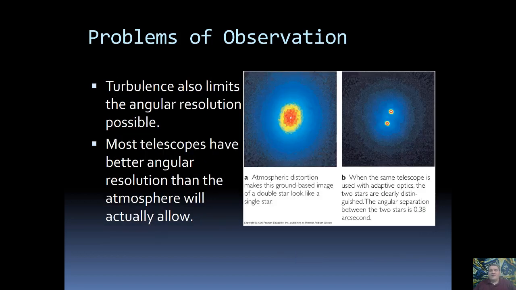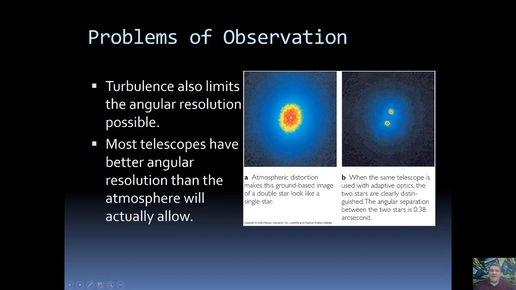Now, this turbulence of the atmosphere means that there's a limit to the angular resolution we're actually able to get. So the light is bending this way and that way, refracting, becoming blurry. In this image, we have regular atmospheric distortions, and it appears like we only have one object.